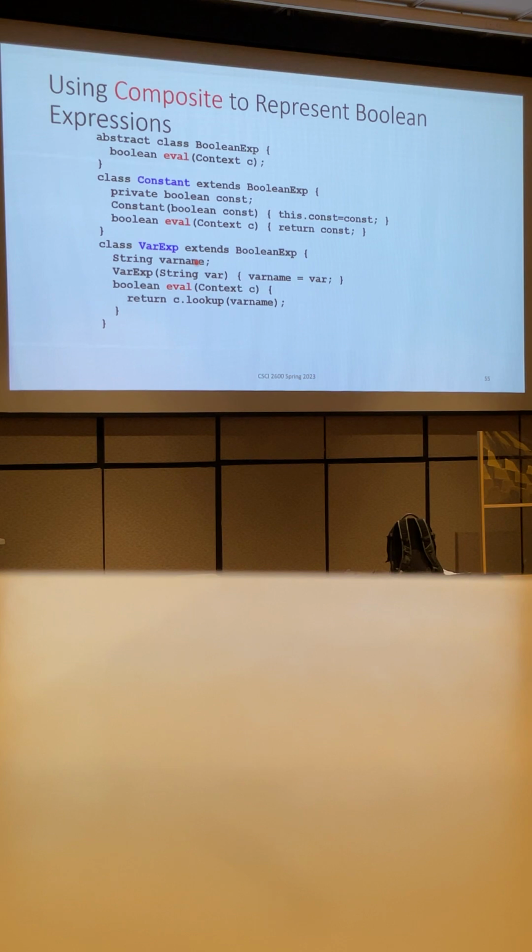So if we know the name of the variable, we can call our context and say, please look up the value for this variable name. And it will give us the value. The value, of course, is going to be a Boolean, because all variables are Boolean, so we can directly return that value. Eval returns a Boolean.